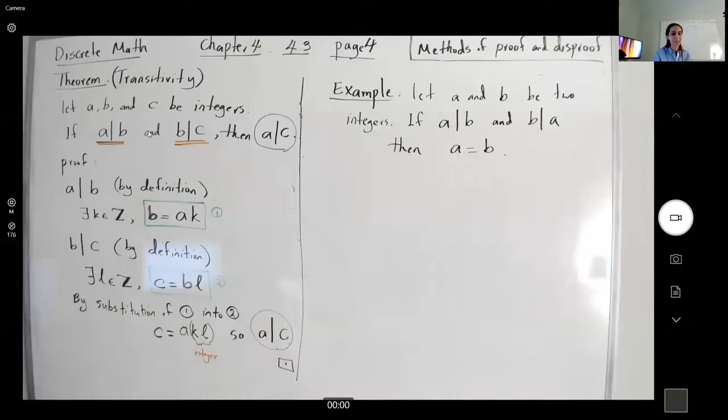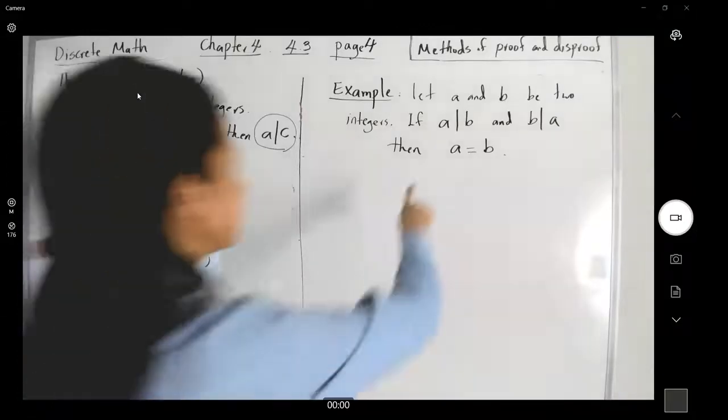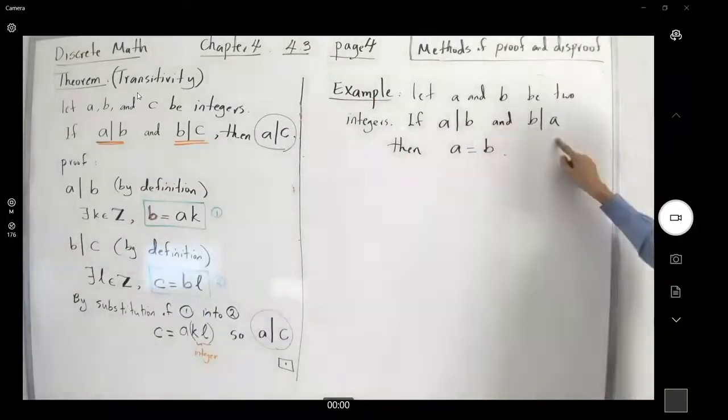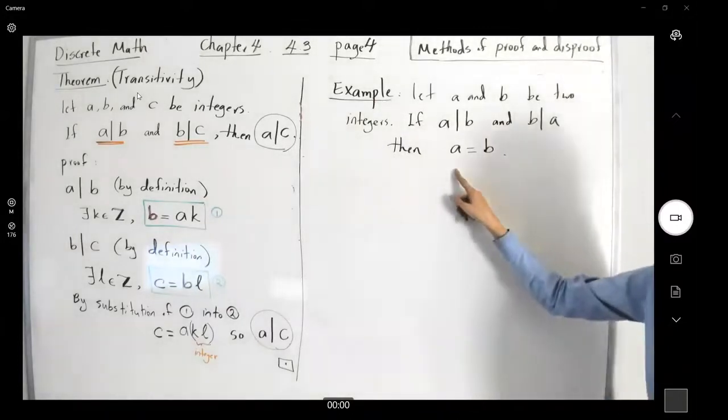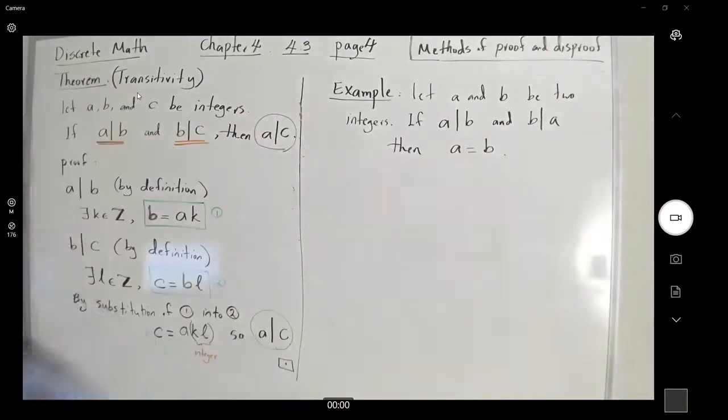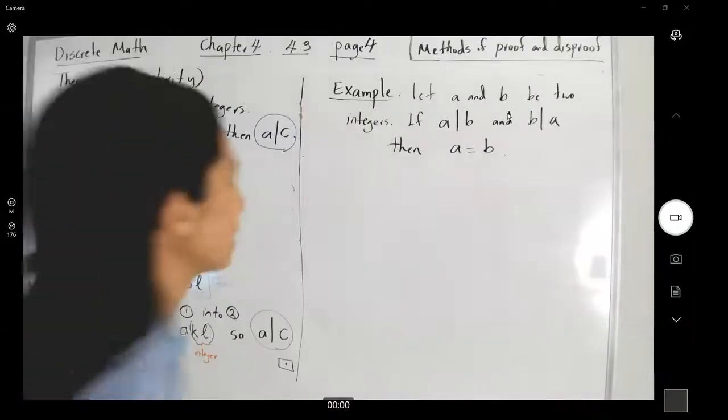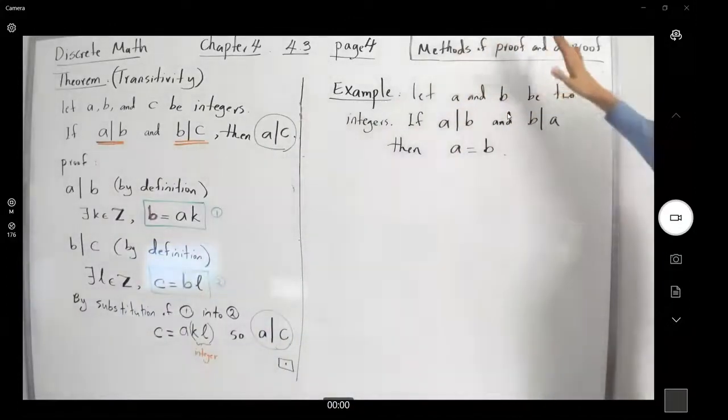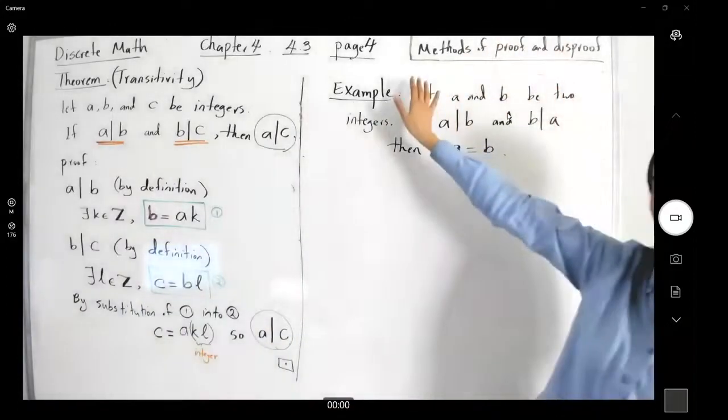If A and B have the following conditions, if A divides B and B divides A, can we conclude that they are equal to each other? I'm going to tell you that this is not true. Why is that? At the beginning of lecture, I gave you an example.